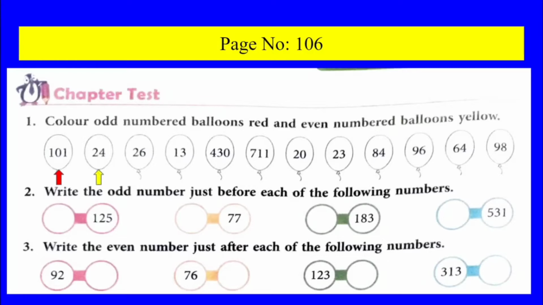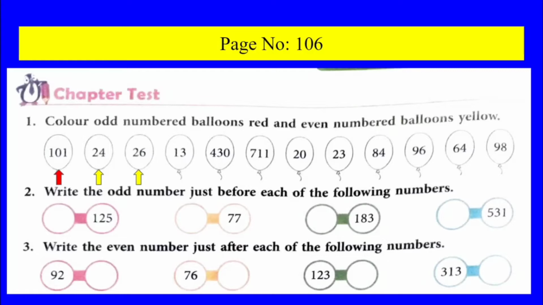So we will color this balloon in yellow. Now the next number is 26. So 26 ends with the number 6. Therefore, it is an even number. So we will color it with the yellow color.